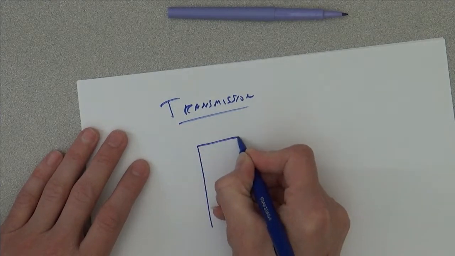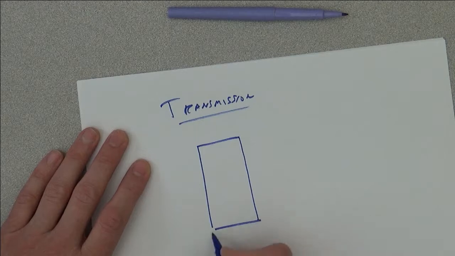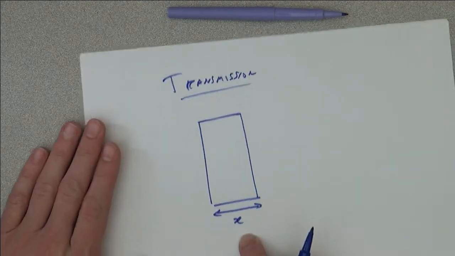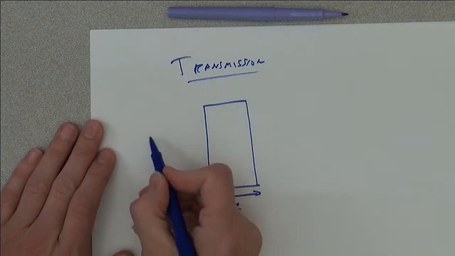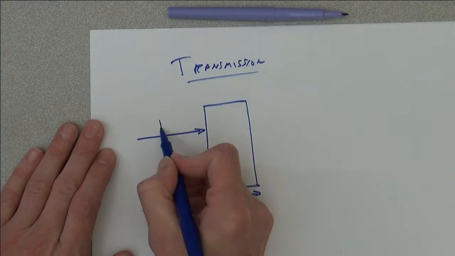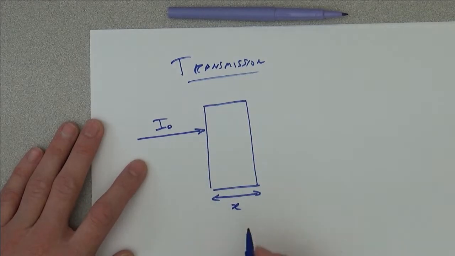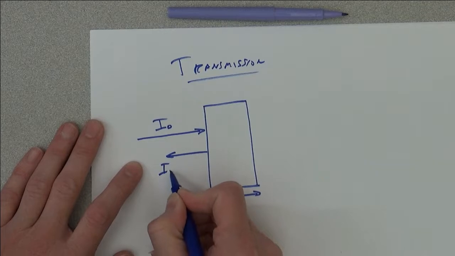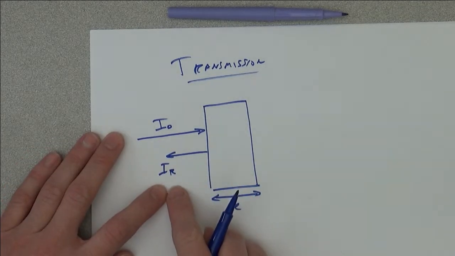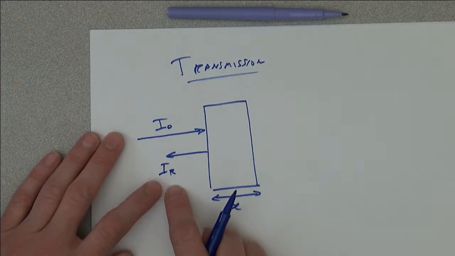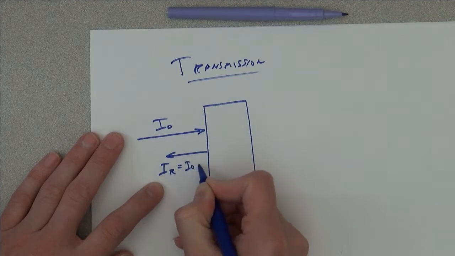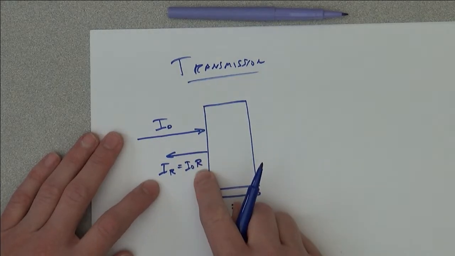So I'm going to have some block of material with thickness X. I have an incident beam. I then have the incidence that is reflected, which is I naught R, and that's the reflectance.